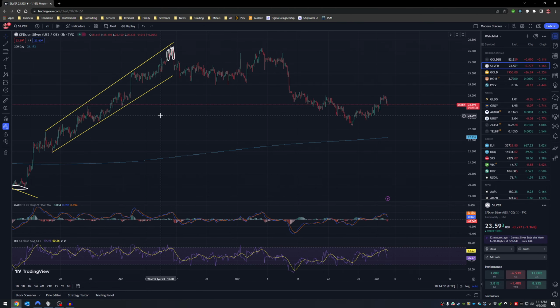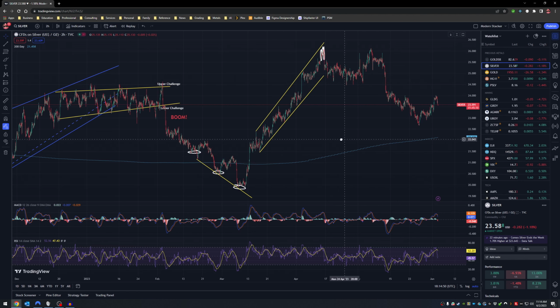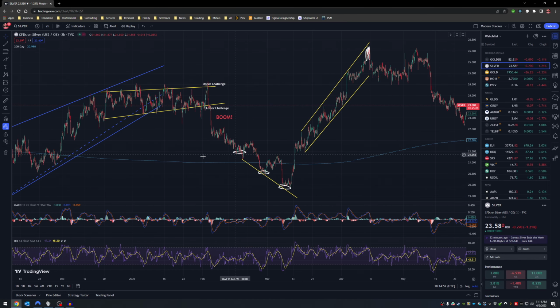So for the last couple months, as we've been watching the volatility in the market, you can see I've been tracking it here, drawing nice little funnels and flags, little head and shoulder patterns, and all this kind of fun stuff. The 200-day moving average, which averages the movements over the last 200 days, has been largely on the downside.